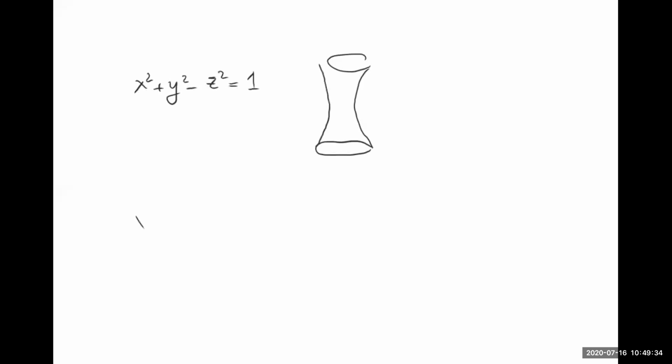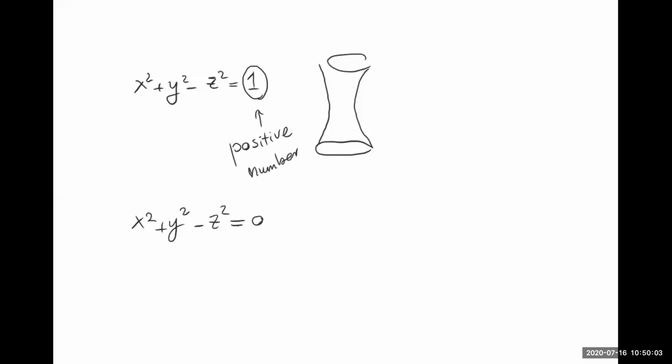And that holds for any non-zero positive number, like 1, 2. But what if it is 0? x squared plus y squared minus z squared equals 0.